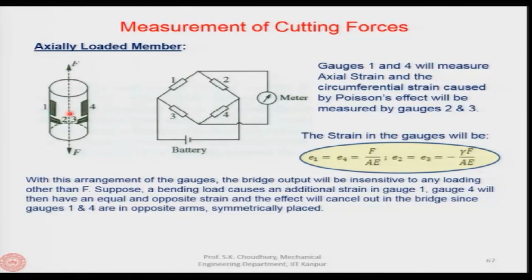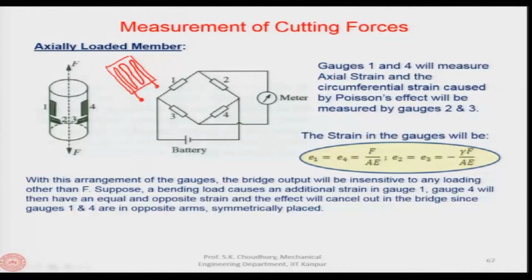Now, let us see what a strain gauge is. Probably many of you must have seen that. A strain gauge is something where a very thin wire is placed on a very thin paper like this, and these are the two nodes.